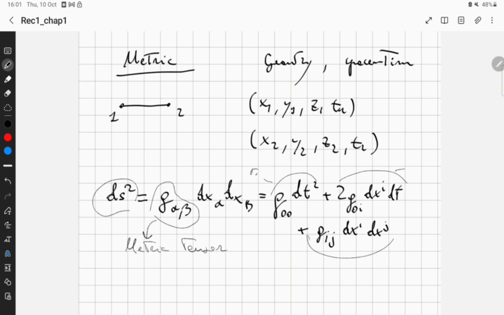So the metric is defined by these components, and as we've seen, they describe different components according to the values they take. So this is the time component, this is the mixed component, and this is the space component.